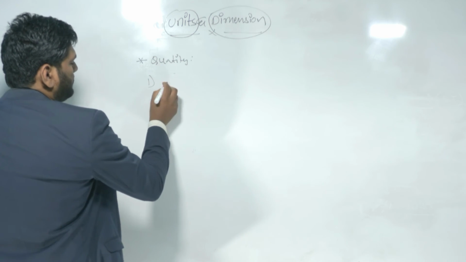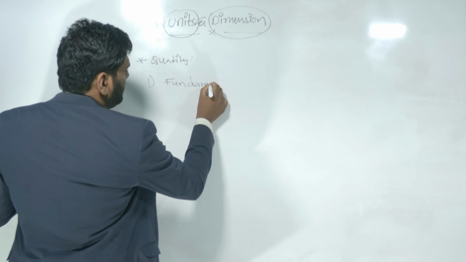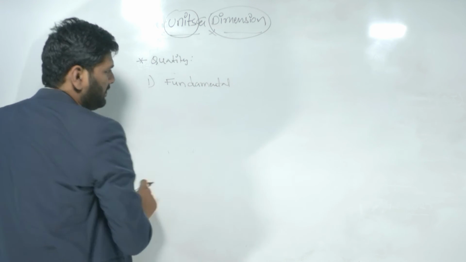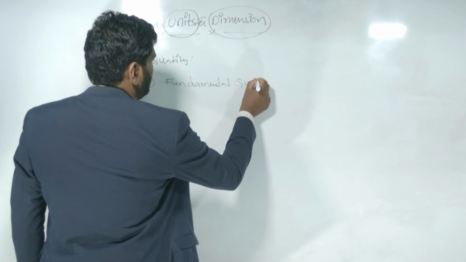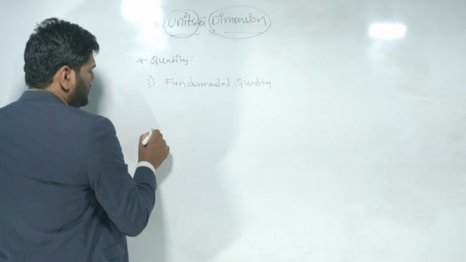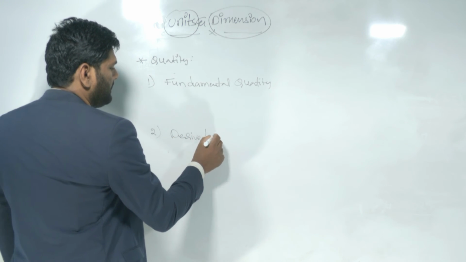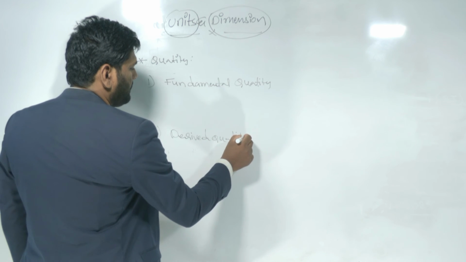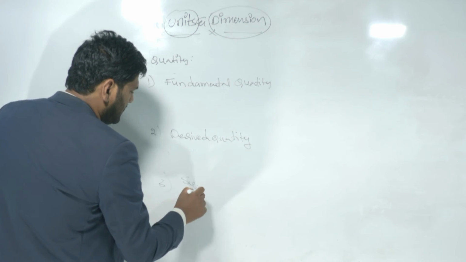The first type is fundamental quantity. The second one is derived quantity. The third one is supplementary quantity.